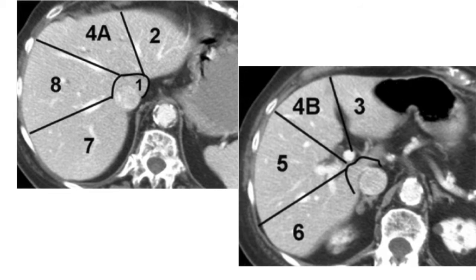Moving on to the segments of the liver. We have seen it before in just anatomical pictures, but I thought it would be a little bit more useful in a CT scan. So the picture on the left is the more caudal view, and it shows that 2, 4A, 8, and 7 can all be seen within the same plane, along with the caudate lobe denoted as the number 1.